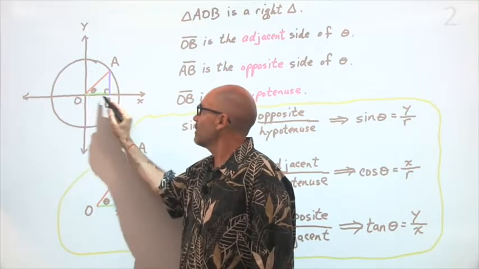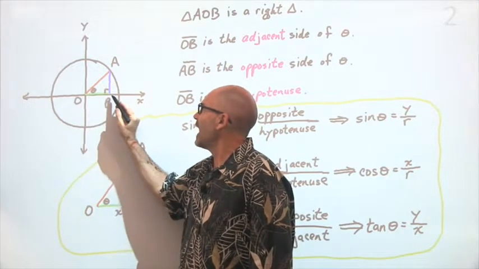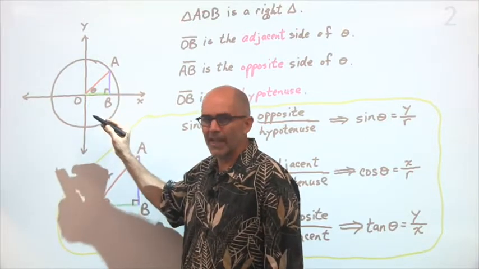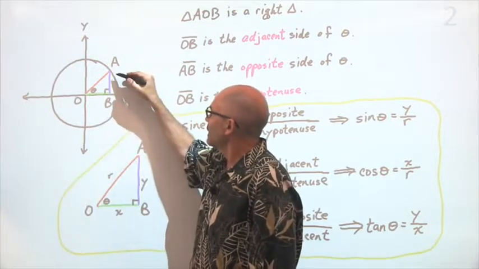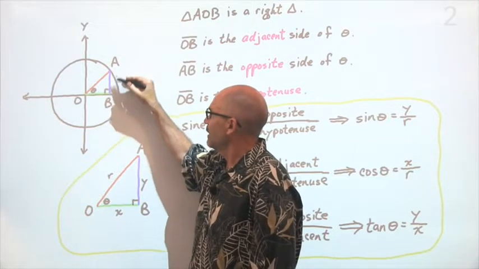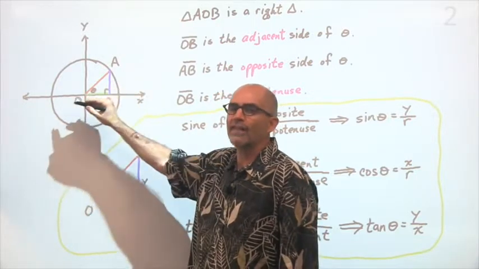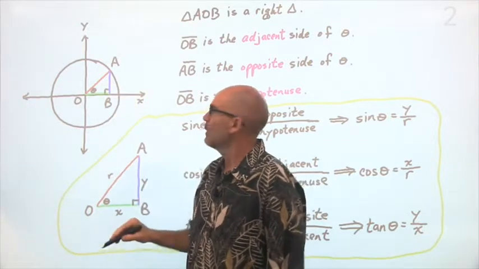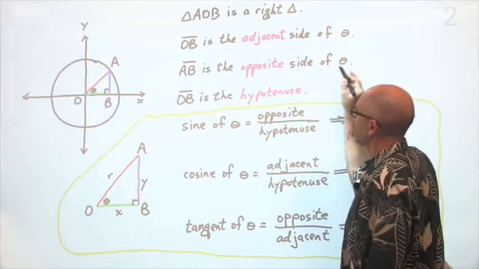So side OB is beside this angle. It's part of the angle. Side AB is not part of the angle. It's on the opposite side of the triangle from the angle, and that's why we call it the opposite side.